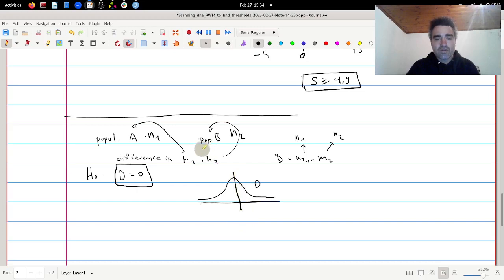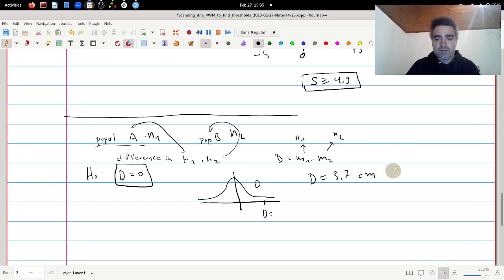And now, since we are interested in whether these two populations are different or not, considering height, we are interested either in when D is very positive. So if we have observed D, let's say that our observation of D is 3.7 centimeters, so the sample that we got from population A is 3.7 centimeters higher on average than the sample from the second population.